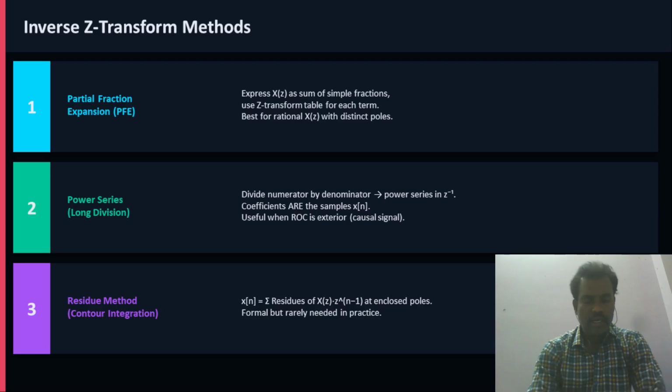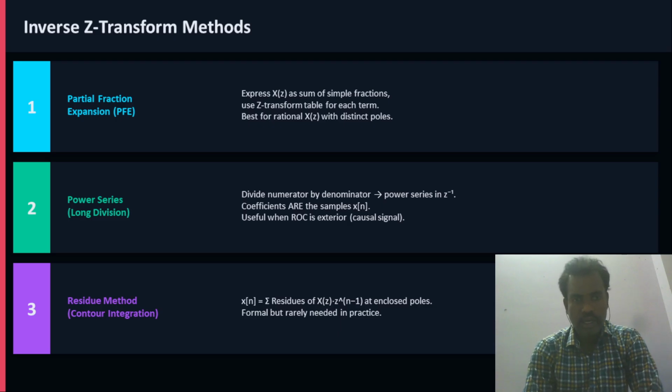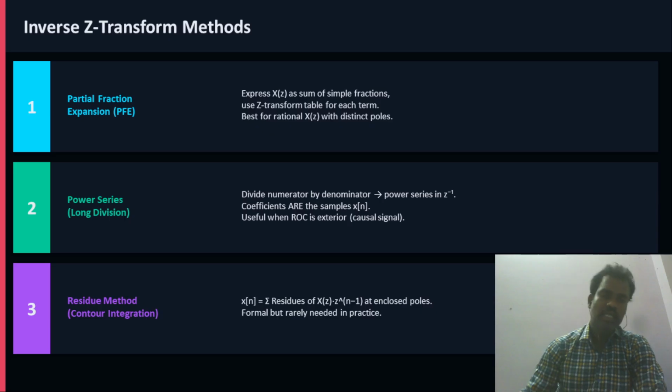In the partial fraction method, the Z transform is divided into a sum of sub-transforms. We find the roots of the denominator and represent it as a sum of smaller-order transfer functions. We can then directly apply the inverse Z transform, because the Z transform of u of n is z by z minus 1.